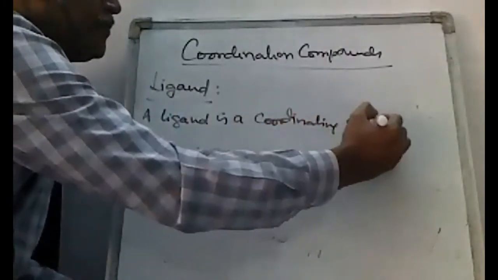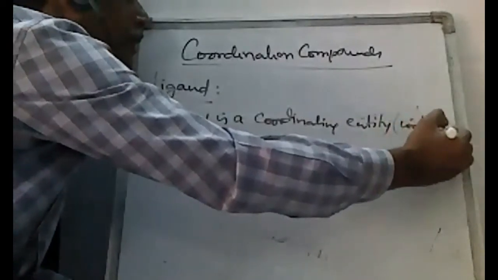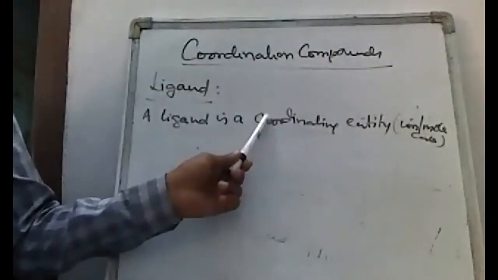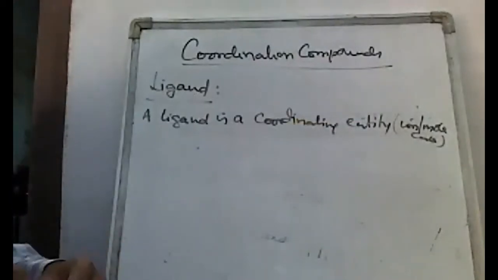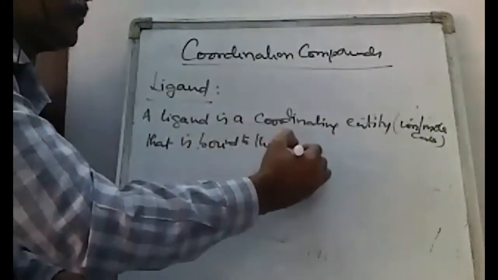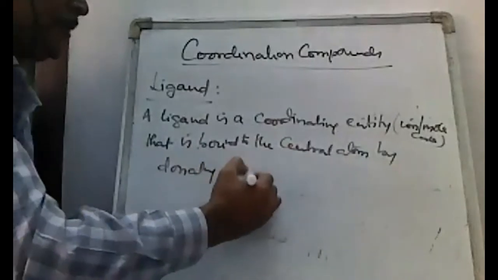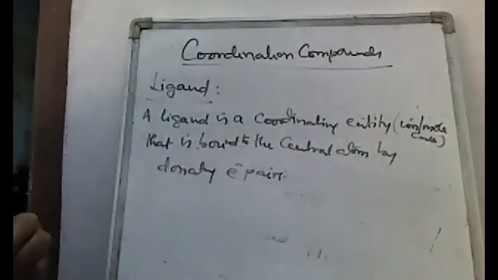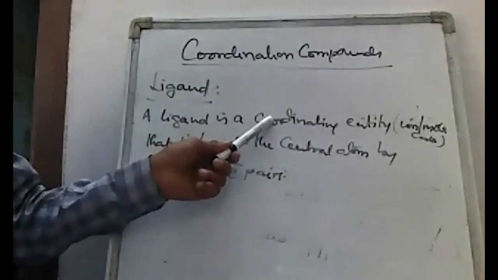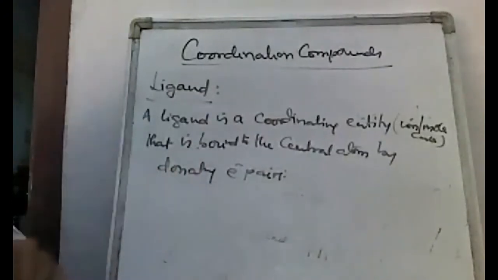It may be an ion or a molecule that is bound to the central atom by donating electron pairs.